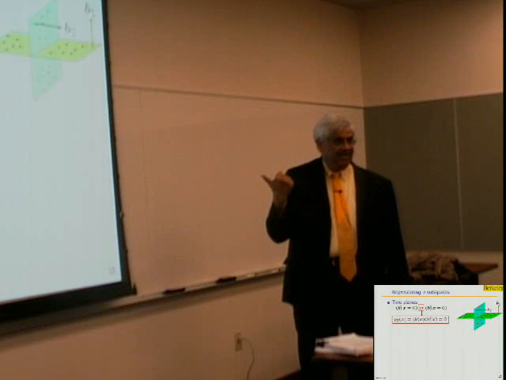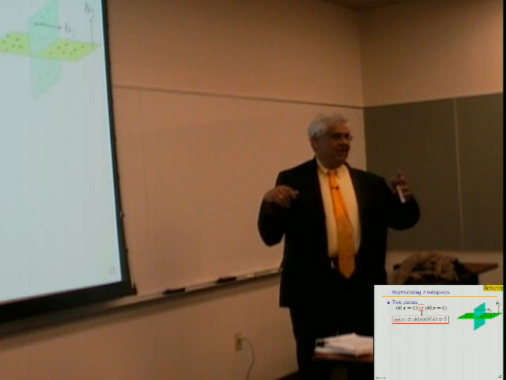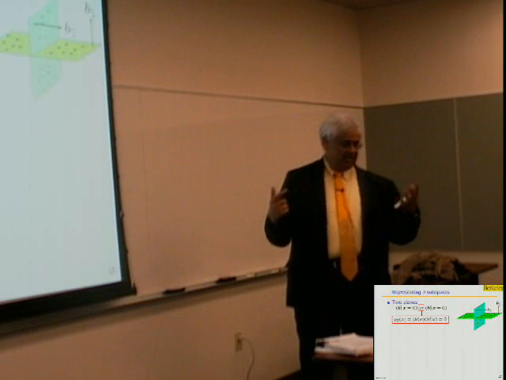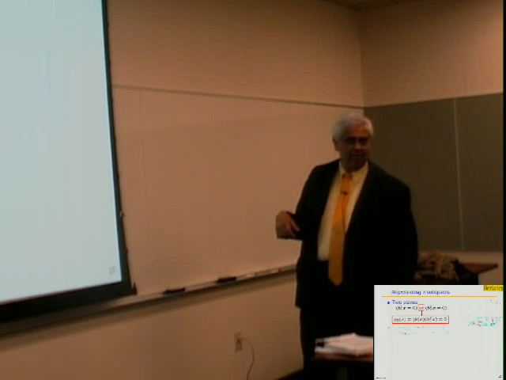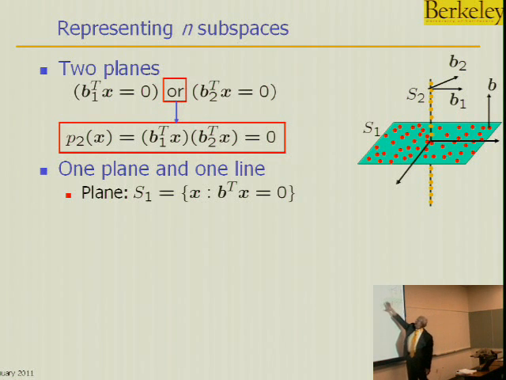Each subspace has just linear equations, but when you have 2 subspaces, this connective OR makes it a quadratic equation. If you were told that the data lies either on this red subspace, or this, I guess this is still the teal subspace, or on this yellow line, how would you then parameterize it?